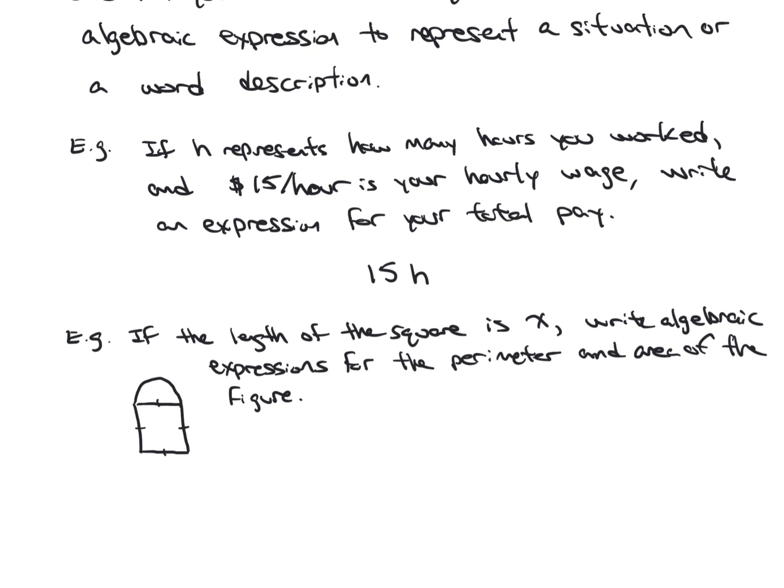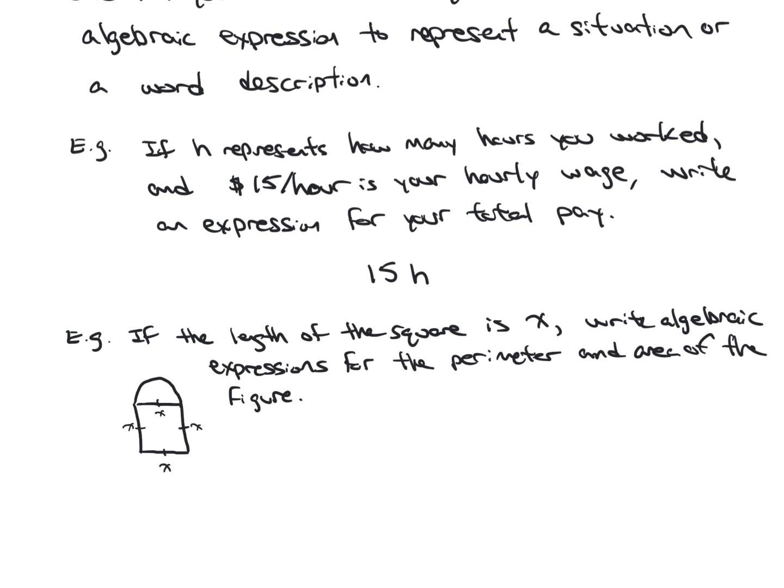Okay, so x will be the length of all the sides of this square. And notice that x is also equal to the diameter of the circle. That's going to be important here. Diameter is the length across the middle of the circle.